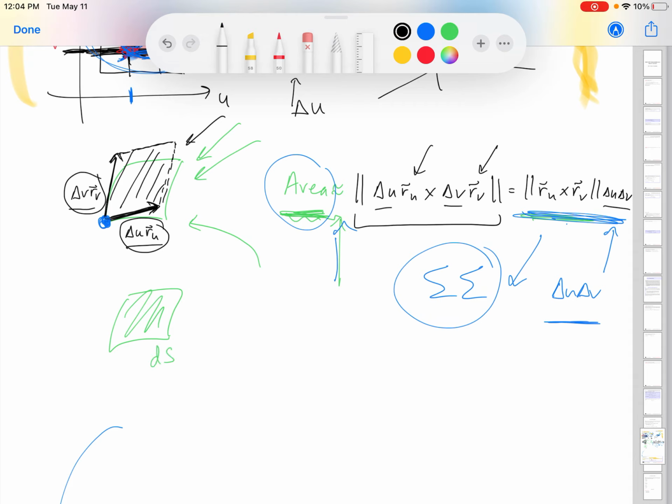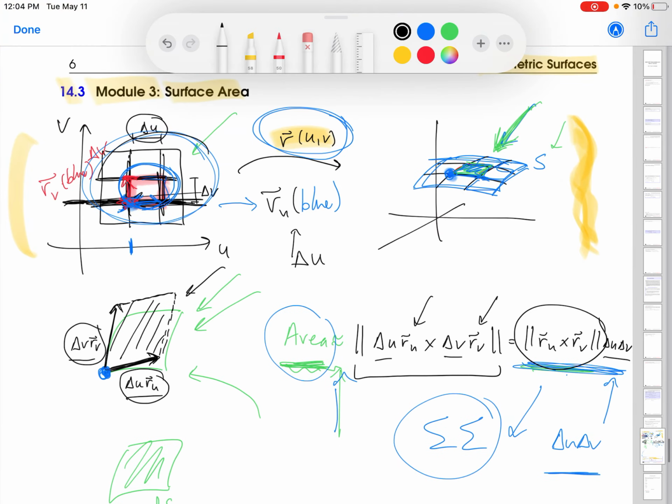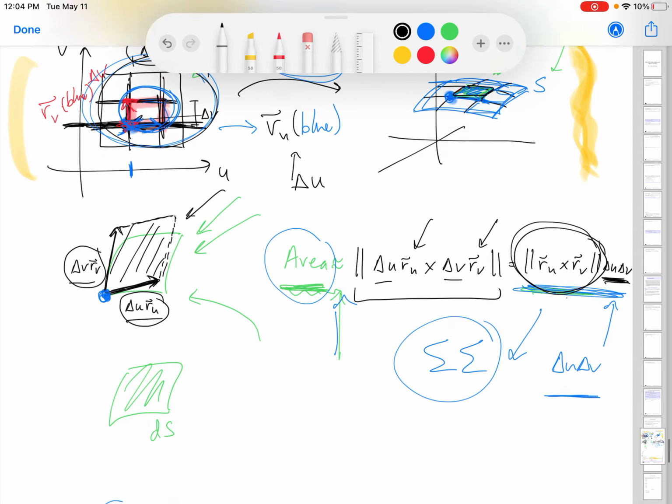And then this portion, the norm of this times du dv, or times dA, we would call the area stemming from what we had done here, starting in the UV plane, multiplying that du dv by the norm, and then generating the patch on the surface.